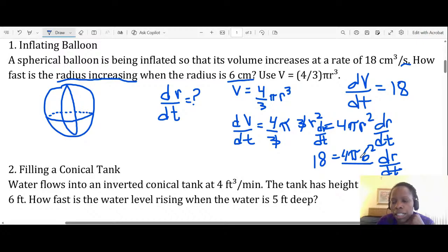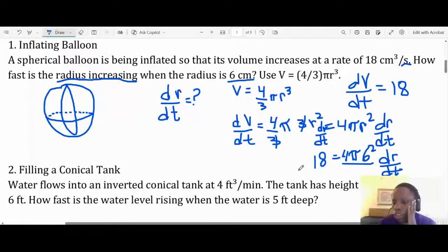And I don't want to quite multiply this out, because 6 squared is 36, and it's going to cancel with something here, with the 18, because 36 is double that of 18. If that makes sense.